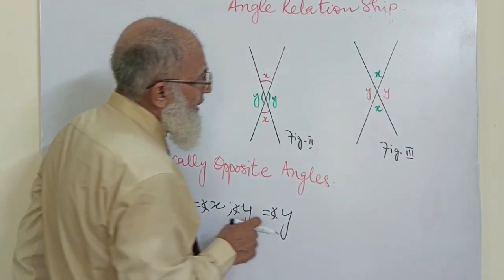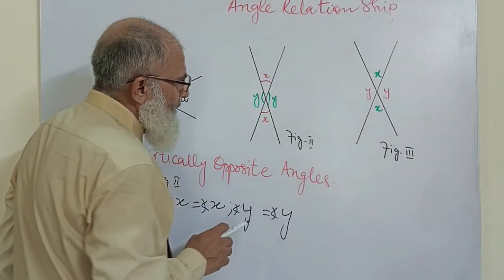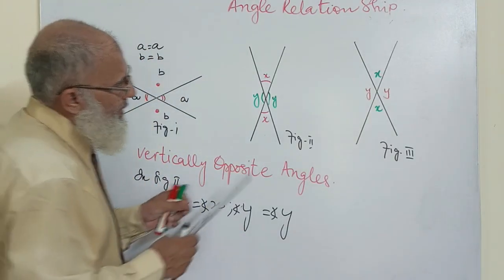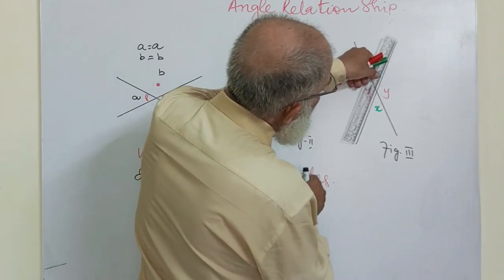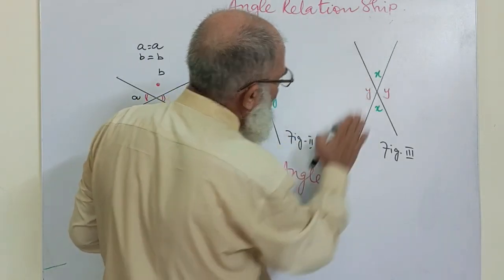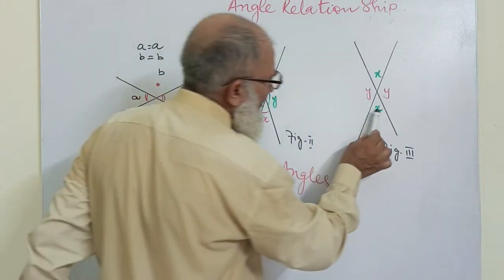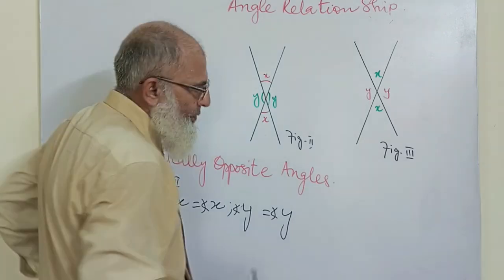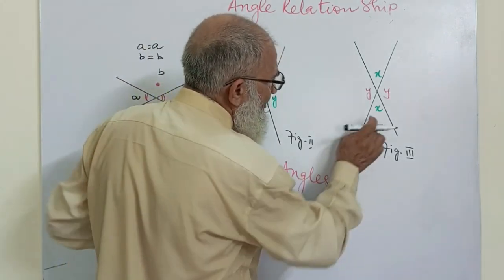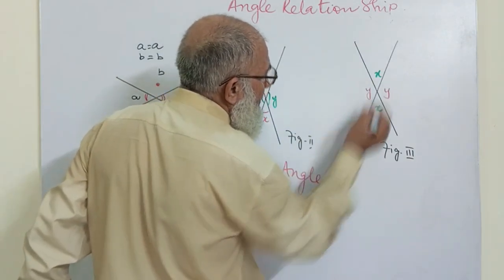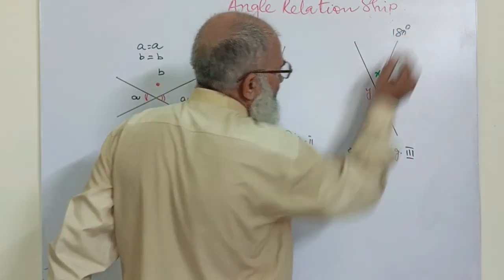And there's an interesting thing over here: just suppose you ignore this side. You see that there are only two angles, X and Y. Now what are X and Y? These are supplementary angles. You just see that this is a straight line, from 0 to 180 degrees.